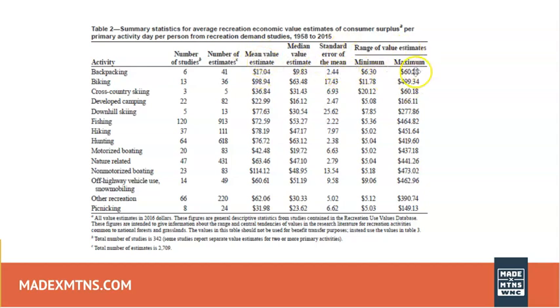And then we have the minimum and the maximum of those consumer surplus estimates. So in terms of the number of studies, you see that fishing and hunting are the most common activities in the recreation economics value literature.